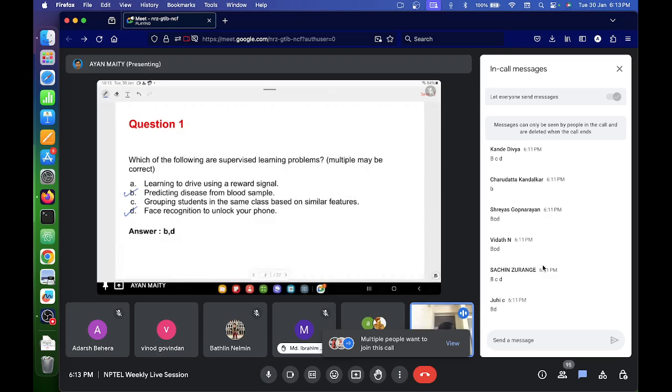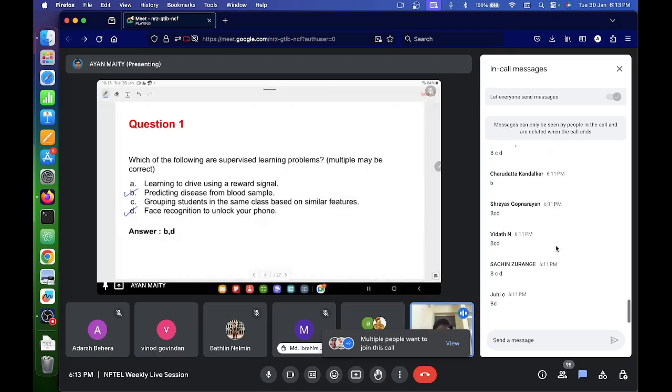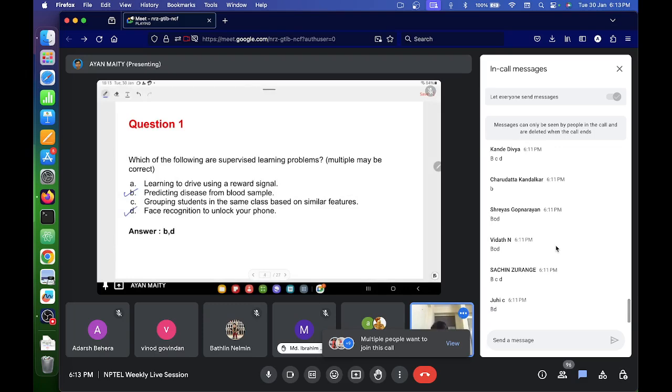Option C is grouping students in the same class based on similar features. Many of you have written C in the chat also, like B, C, D, many of you have written. C is not supervised learning. Grouping any kind of objects into several groups based on similar features is always unsupervised learning. We are just grouping those students, not classifying those students as something. Like in option B, we are predicting a specific disease, but here we are just grouping or clustering the students based on their similarities.